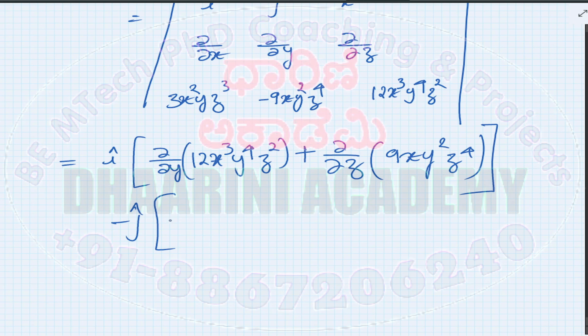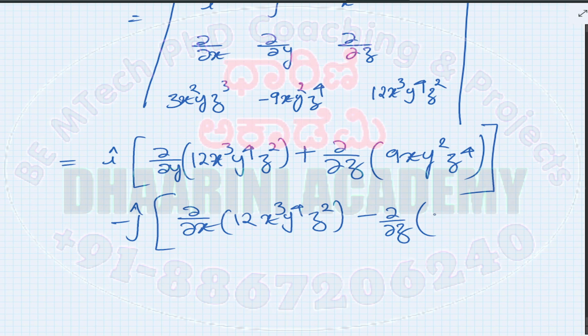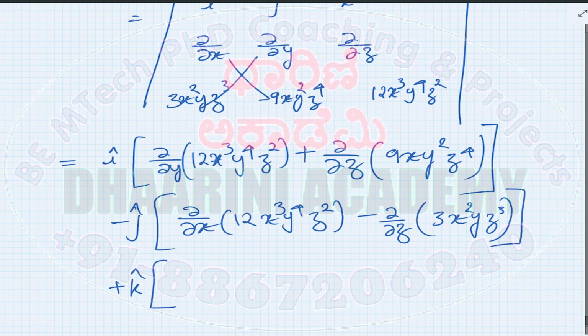So minus j cap into dou by dou x into 12x cube y to the 4 z square minus dou by dou z into 3x square y z cube.